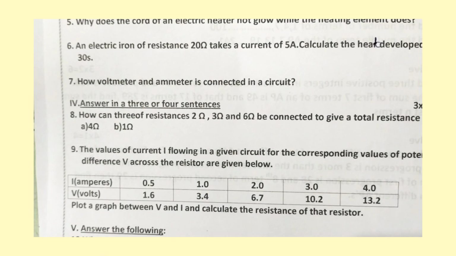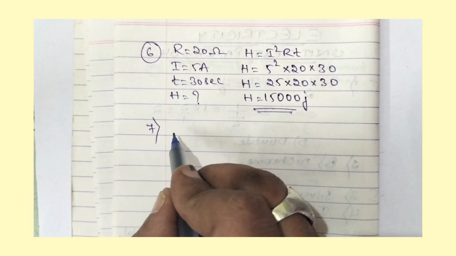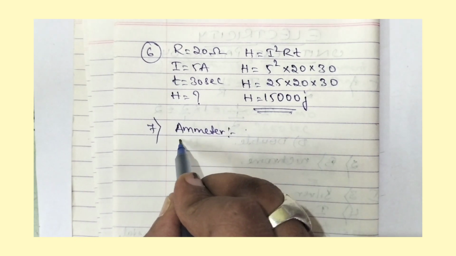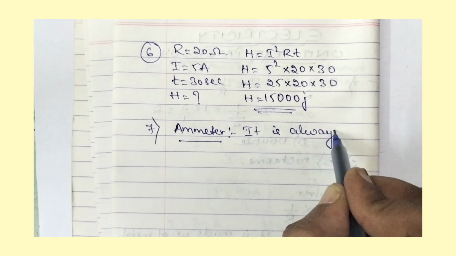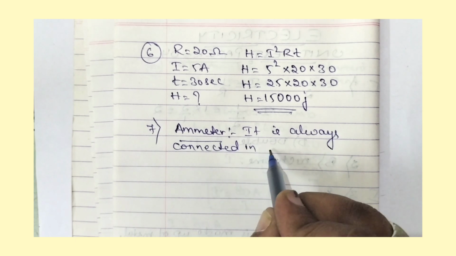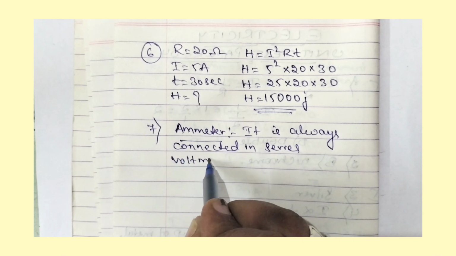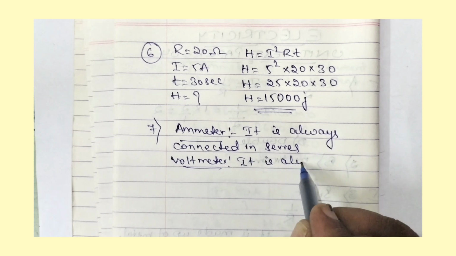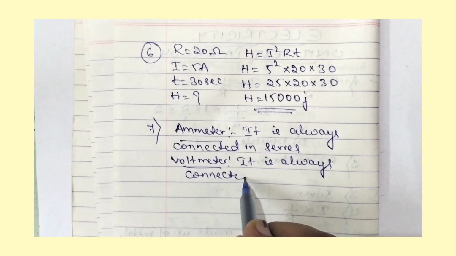So now, how are voltmeter and ammeter connected in a circuit? Ammeter is always connected in series, and voltmeter is always connected in parallel.